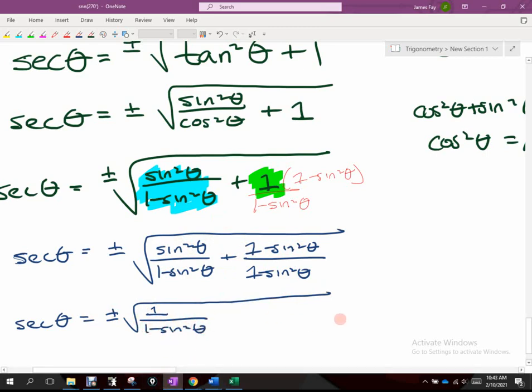Is that a fraction underneath the radical? Can you rewrite that, since a root of a fraction is equal to the fraction of the roots? Does that make sense? So can I rewrite this as plus or minus radical 1 over plus or minus the radical of 1 minus sine squared theta?